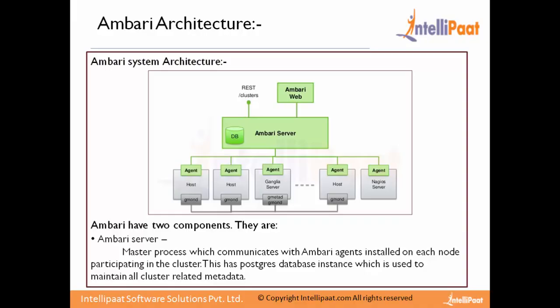So for example, if we have 10 hosts, we need 10 agents. If we have 15 hosts, we need 15 agents for that. And you can set up your Ambari server outside of the cluster. In the real world, generally we are not using the same set of cluster; we deploy our Ambari outside of the cluster as a best practice.